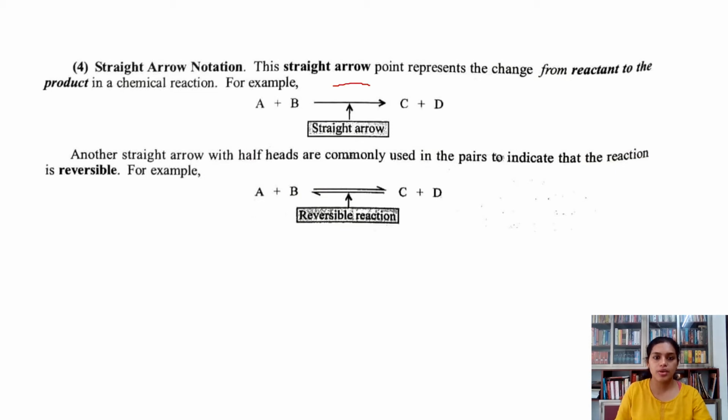This is the most commonly used notation to represent a reaction. Substrate and reagent give the product. It represents the change from reactant to product. And there is one more: this arrow represents a reversible reaction. Okay, these are about bonding notations.